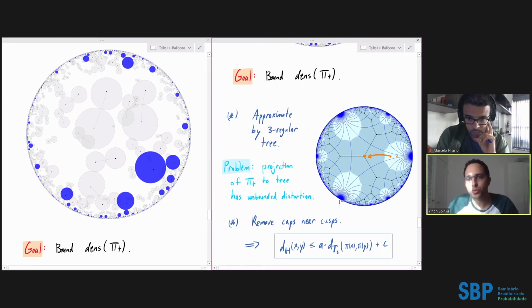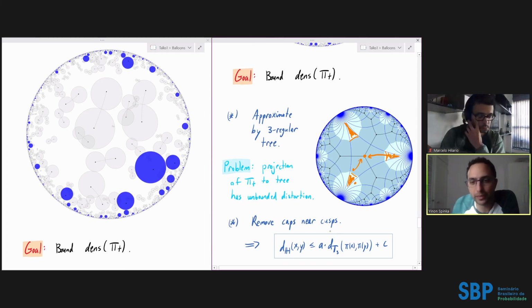So what we're going to do is remove the caps near the cusps. We're just going to remove this area completely, all of these light regions, and disregard points that are near the cusp. So we're only going to project these points. Points which are here, we're just going to ignore.